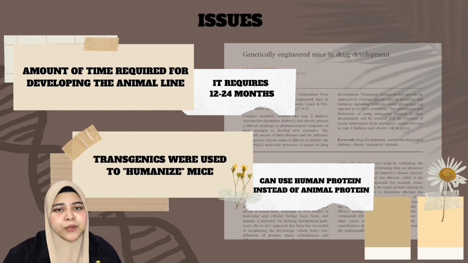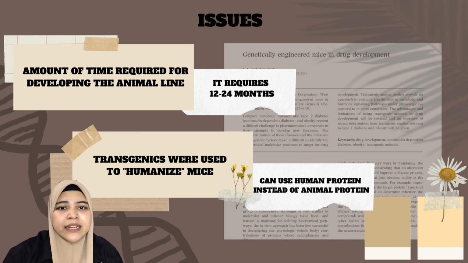However, this approach might have its own limitations and issues. First, the issue that might happen is the amount of time required to develop the animal line. This is because the timeline required to generate transgenic and knockout mice is quite long, as it requires 12 to 24 months from design to initial experimental cohort.